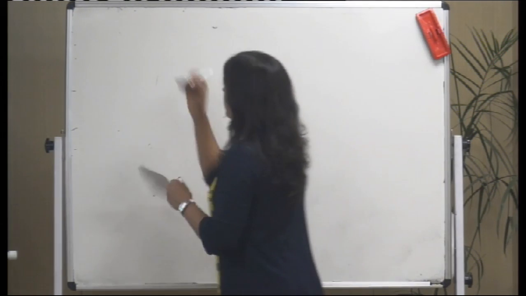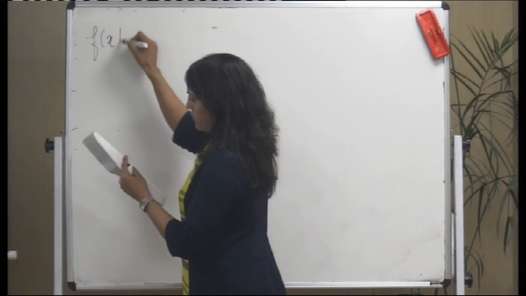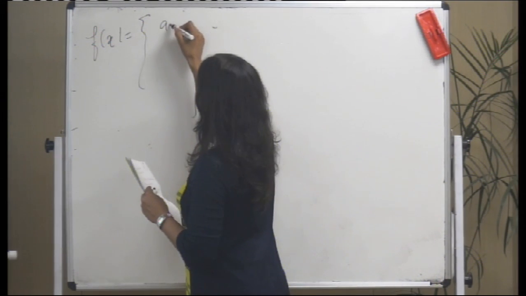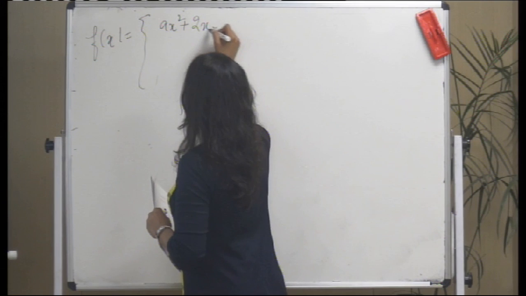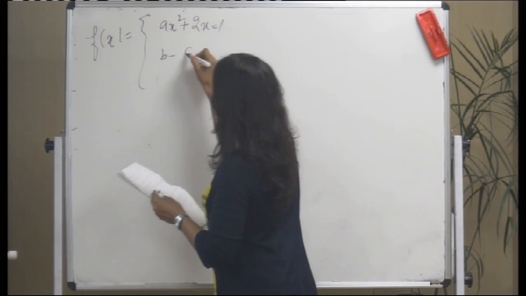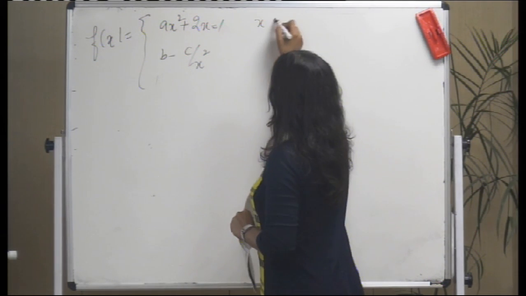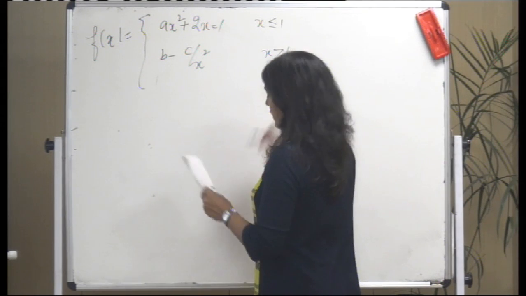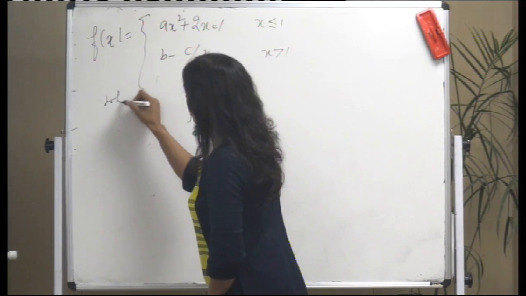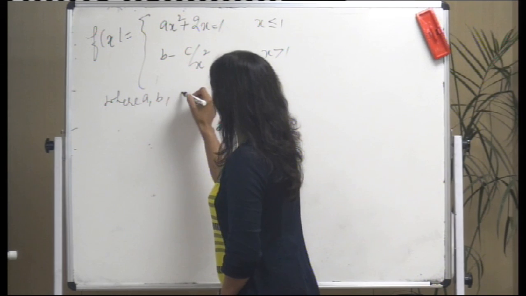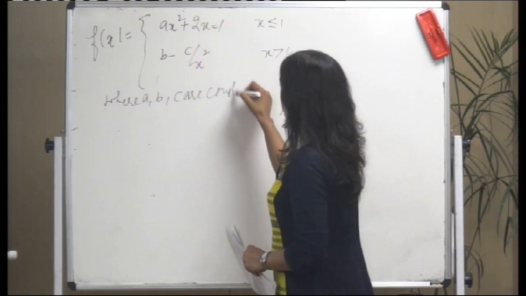The next question is f(x) = ax² + 2x − 1 for x less than or equal to 1, and b − c/x² for x greater than or equal to 1, where a, b, c are constants.